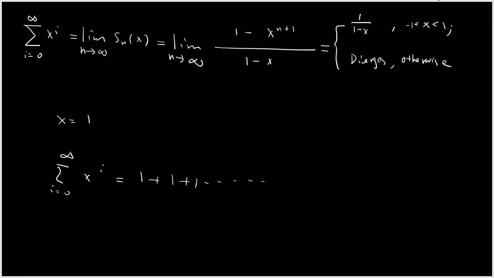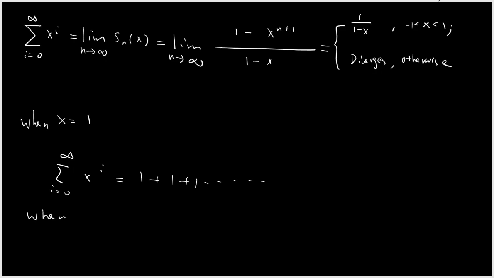All the terms are 1s. If you imagine the partial sum sequence, Sn is going to be n plus 1. So basically, you add up infinitely many 1s. So this one diverges, of course, diverges to infinity. Okay, it's obvious. So that's the case when x is equal to 1.